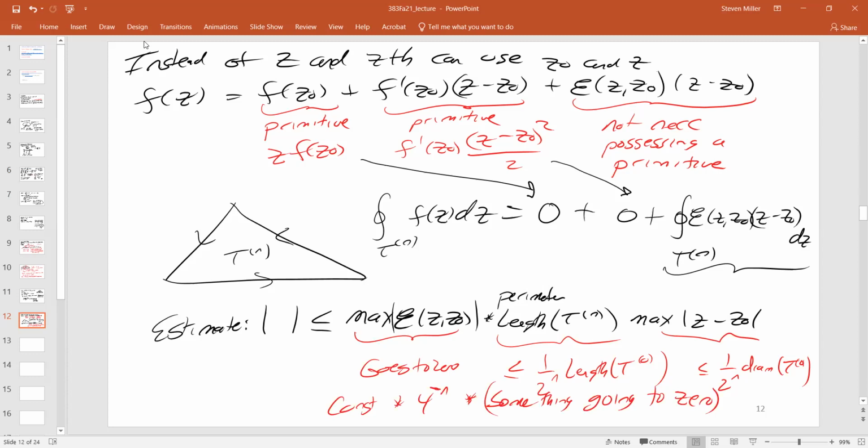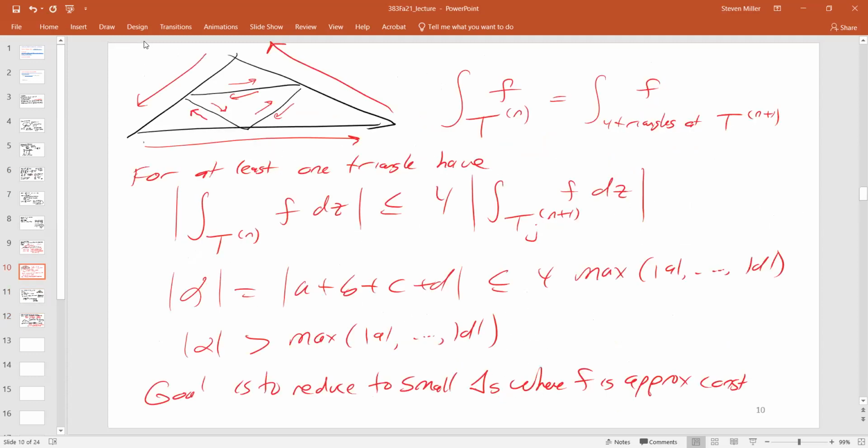All right, well, this is really good. Because if you looked at what we had before, we said that the integral over Tn is going to be less than or equal to 4 times the integral over the next level. So the factors of 4 to the n and 4 to the minus n are going to perfectly cancel.